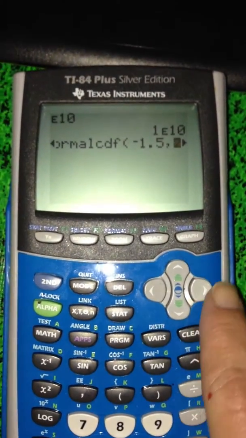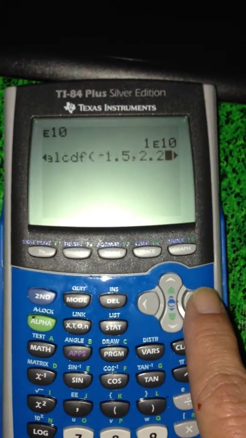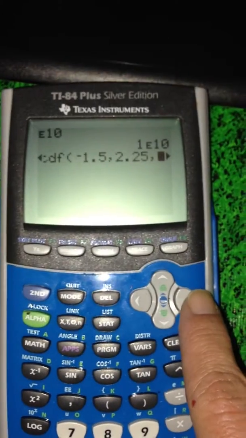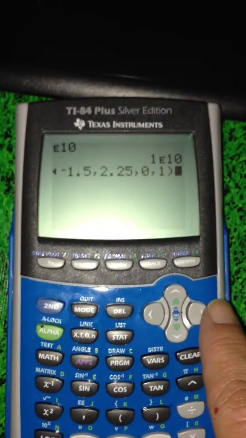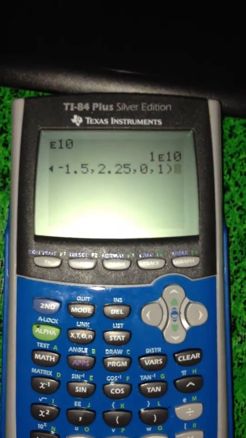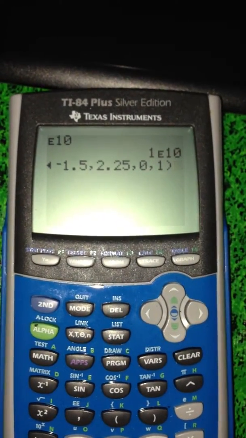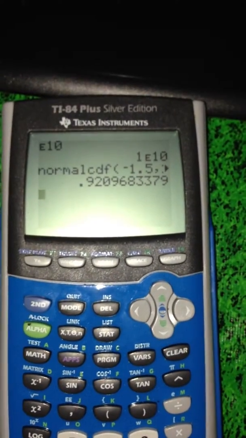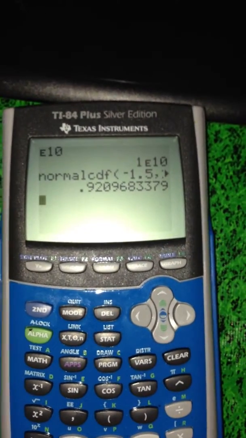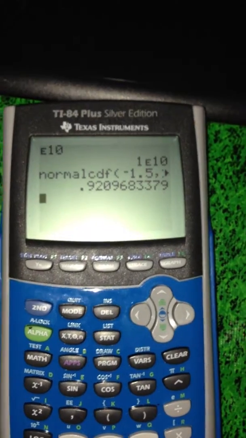Then you would enter 2.25, and then you could do comma 0, comma 1, but you do not have to use the 0 and 1. The calculator will assume 0 and 1 whether you enter it or not, and then you hit enter, and you see that the probability is 0.9209.